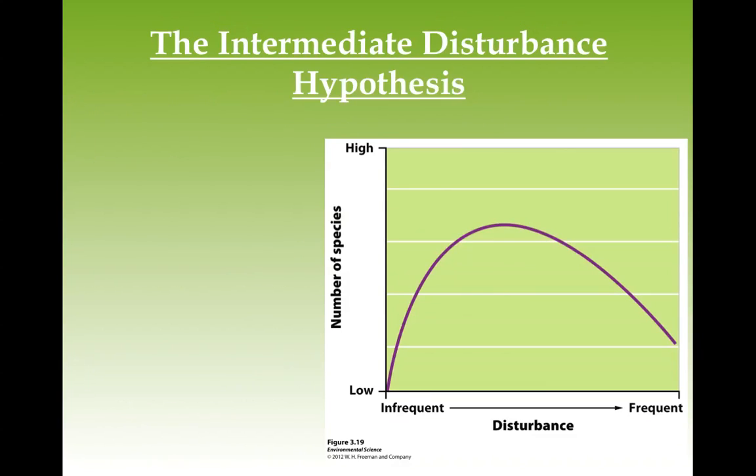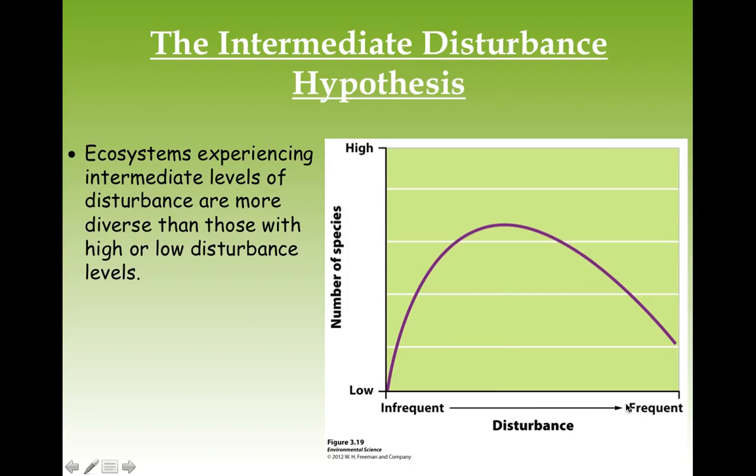And this idea of the intermediate disturbance hypothesis: if you look at this graph, you have the amount of disturbance, and this is the number of species in a certain ecosystem, so it's dependent on the amount of disturbance there is.